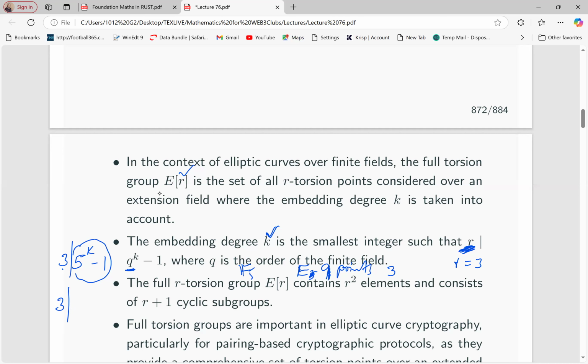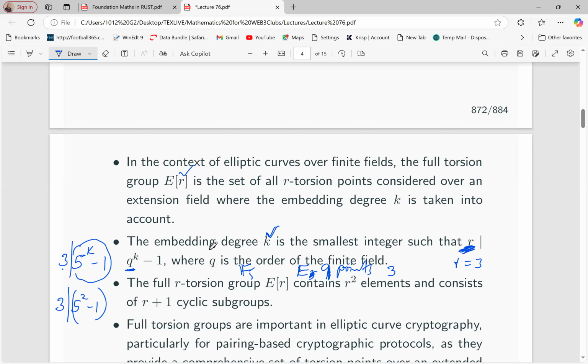So if we have 5 raised to 2 minus 1, this answer will be divisible by 3, because this is 25 minus 1, which is 24, and 24 is divisible by 3. So then the embedding degree becomes 2. I'm just recalling what we did in our previous lesson.